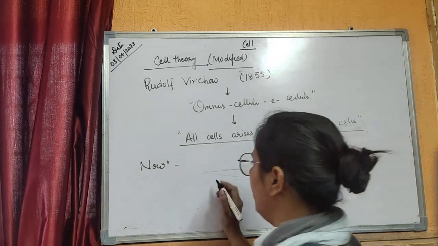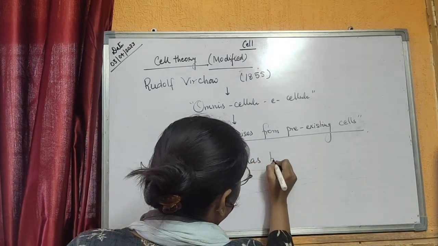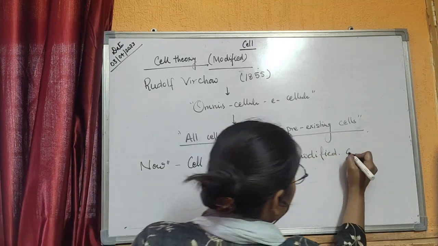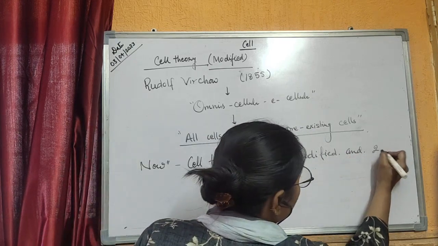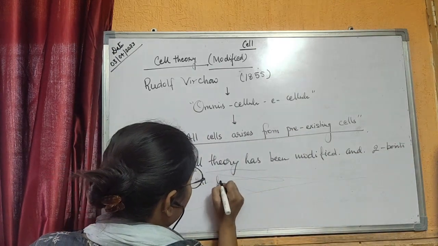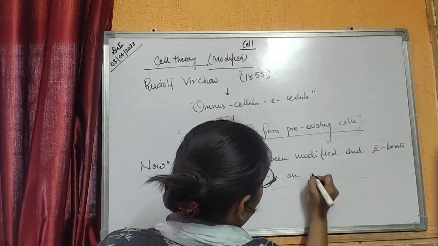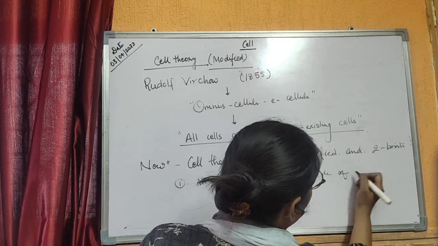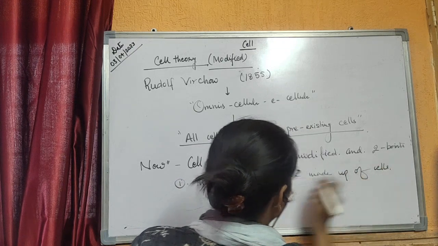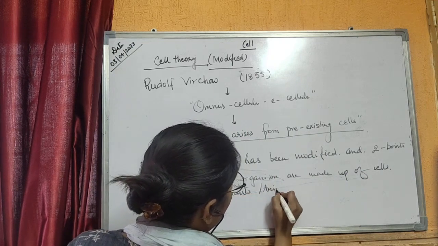Now, this cell theory has been modified and has two points. The first one is that all living organisms are made up of cells, and these living organisms include plants and animals.